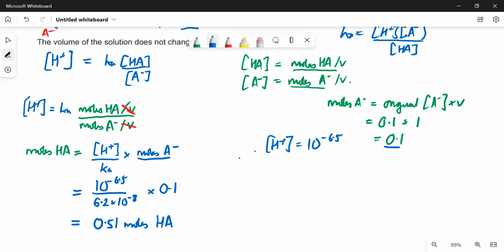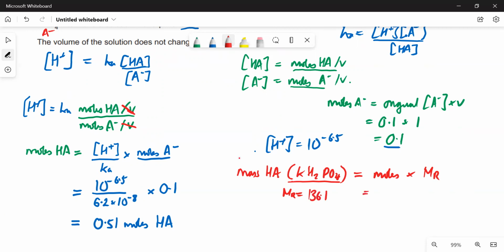Now we need to work out the mass of HA, which is potassium dihydrogen phosphate. So the mass of that is equal to moles times Mr. The Mr of that stuff is, you add that up, 39.1 for the potassium, 2 for the hydrogen, 31 for the phosphorus, 4 times 16, that gives you 136.1.